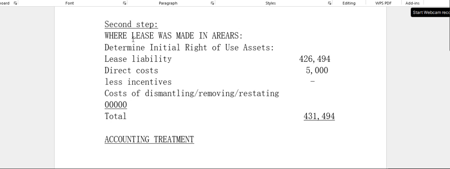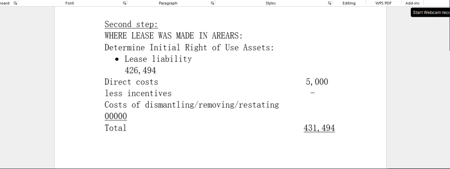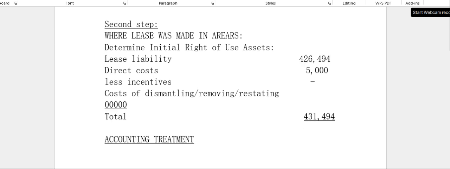So we are determining our initial right of use of assets when the payment was made in arrears. The first thing that will come is the lease liability itself, add direct cost to it.